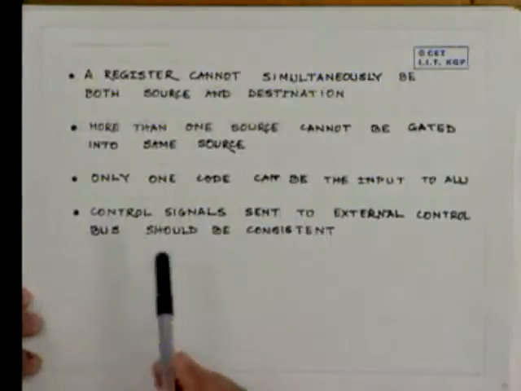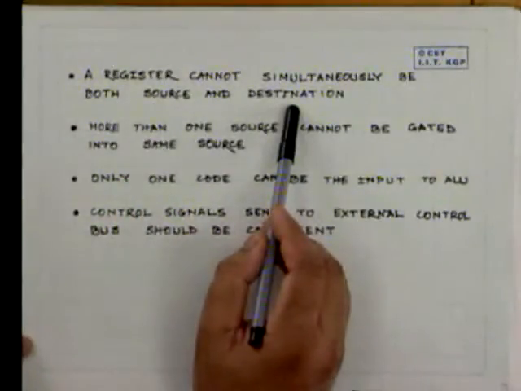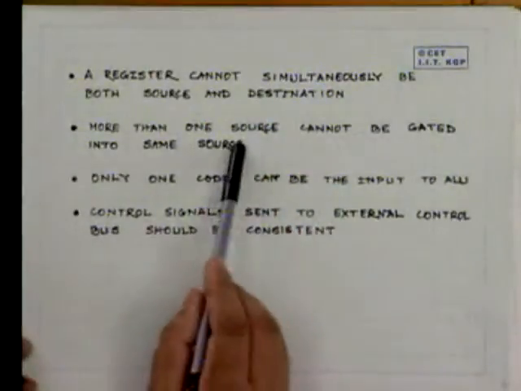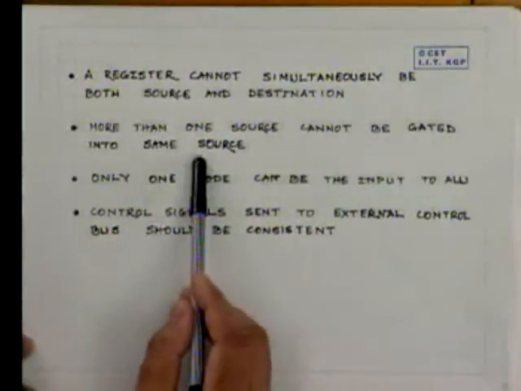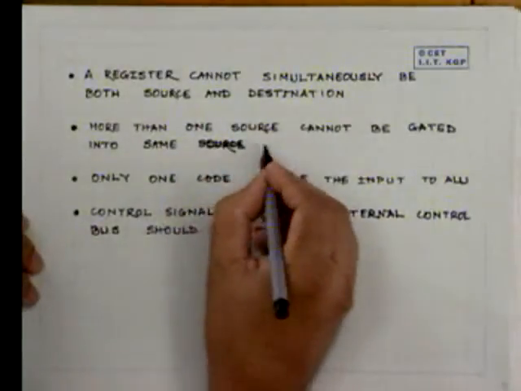A few observations we can make: a register cannot be simultaneously source and destination. More than one source cannot be gated into the same destination.